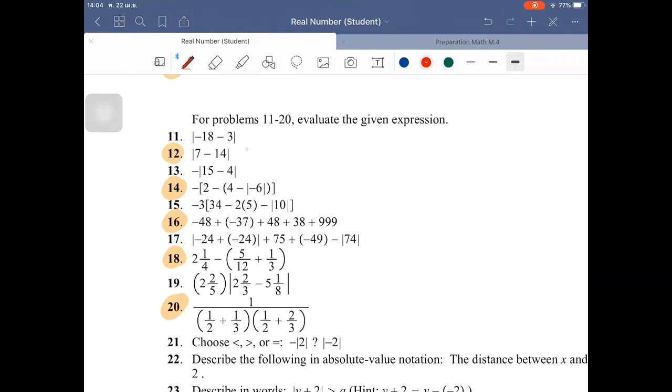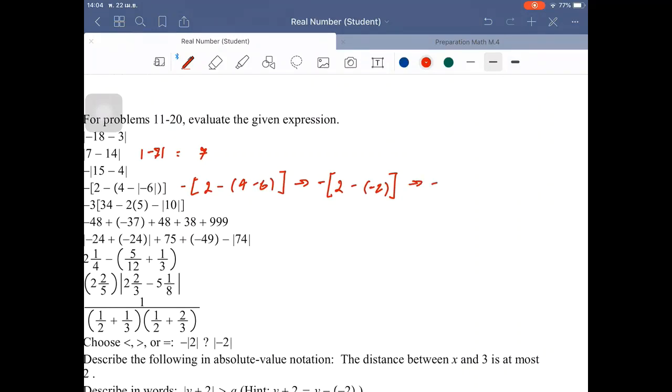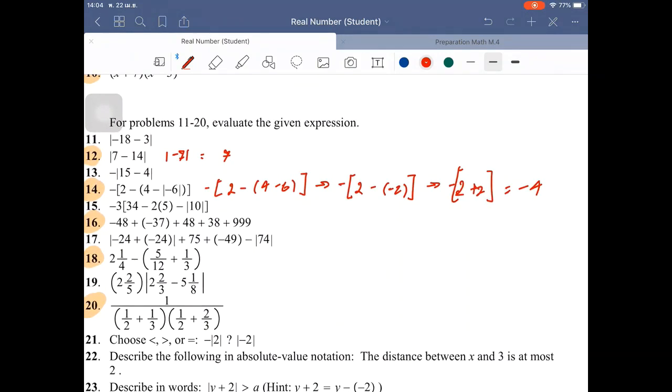Question 12, very easy. Finish what is in the absolute value first and then you get 7. How about this one? You get 2 minus (4 minus the absolute value of negative 6). You get 6 here, and then you just simplify. Negative 2 minus negative 2. What do you get? Negative (2 plus 2). So the final answer is negative 4, the answer of question 14.